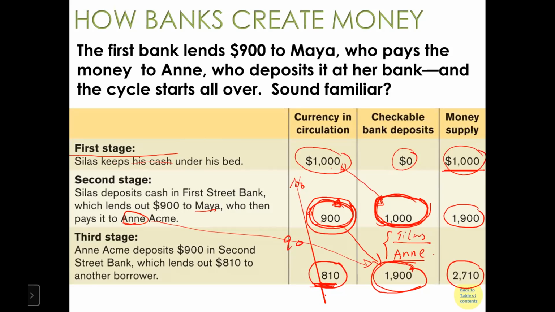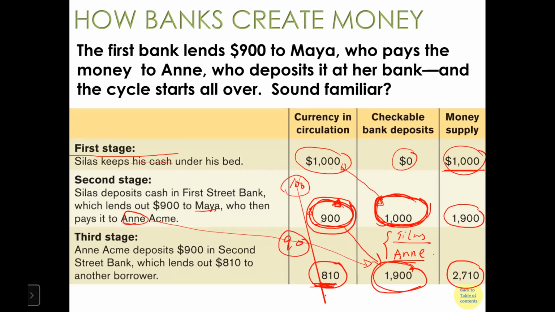So what does that mean? When Silas and Anne come to the bank and say, I need our cash, the total they request is 1,900. And actually the bank is sitting on $190 of cash as a reserve.